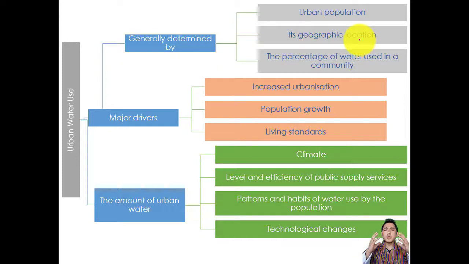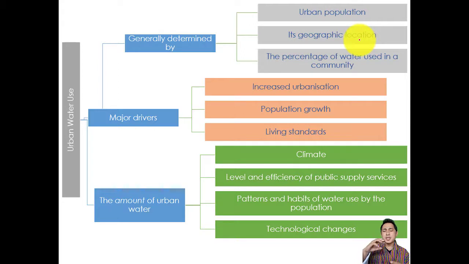Lastly, the technological changes. If you have new technological equipment now, some will require more water, but some will require less water. So adopting technologies that require less water can lead to less water use. For example, let's take a water tap.